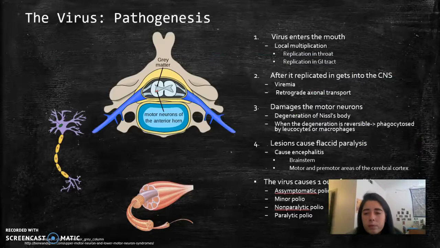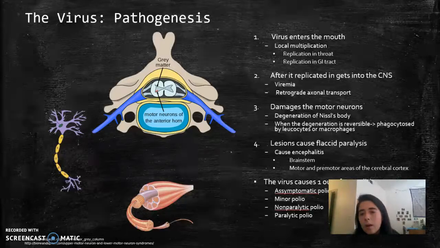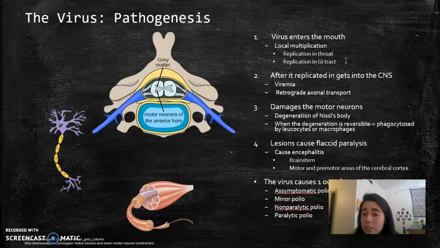Now, the pathogenesis of this: the virus enters the mouth, which is the fecal-oral route, and because it's an enterovirus, it likes to replicate, especially in the intestines, where it replicates in the epithelial cells. It can also replicate in the throat, the pharyngeal lymphatic tissue, and after it replicates, it gets into the central nervous system.